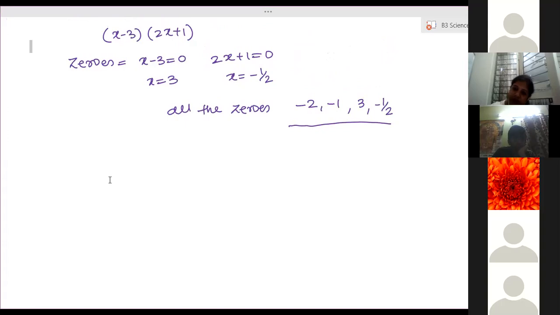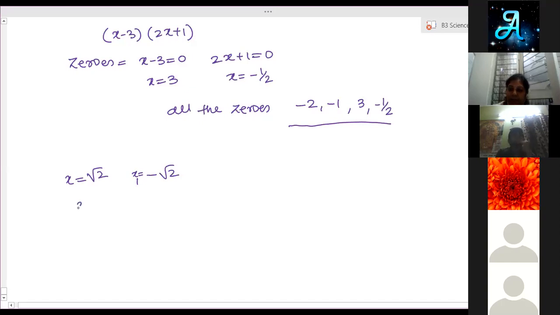Suppose the zeros are √2 and minus √2. Then x equals √2 and x equals minus √2, so the factors will be x minus √2 and x plus √2.